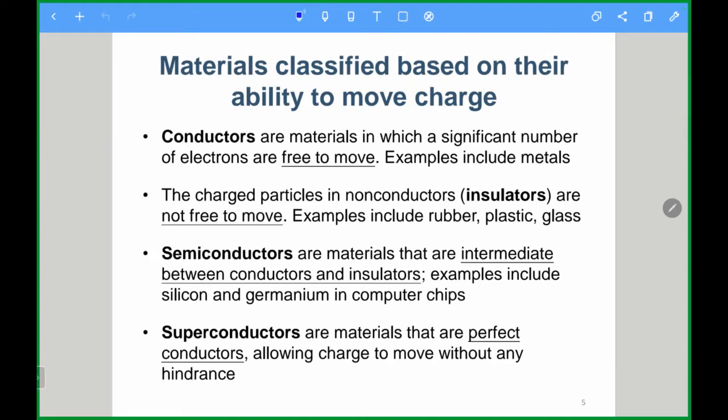You know that a conductor is a material in which a significant number of electrons are free to move. Examples include metals. And also in primary school, you learned about charged particles in non-conductors.